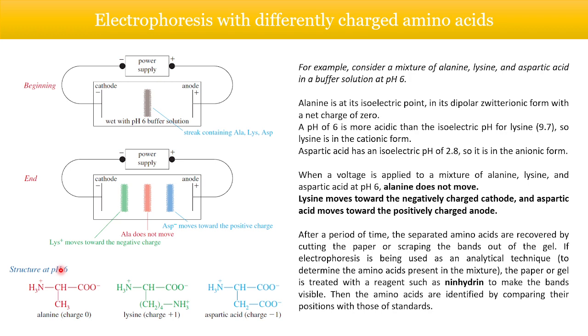The others fall in the category of neutral amino acids. Now, suppose there is a mixture of alanine, lysine, and aspartic acid over here, and this is the matrix, wet with a buffer solution of pH 6, and you're providing it a power supply, and the voltage is on.